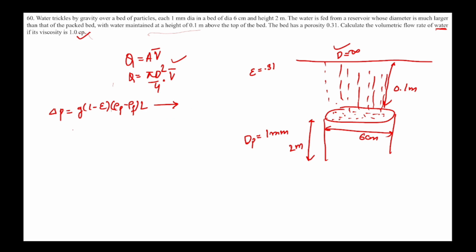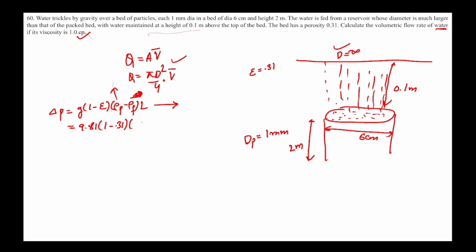So the pressure drop will be g 9.81, 1 minus 0.31, rho P minus rho F. Fluid density we have, water. Particle density is not given. So there is a problem in this question.